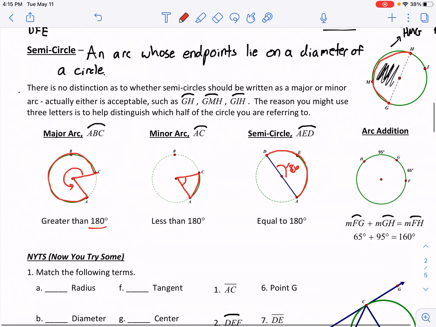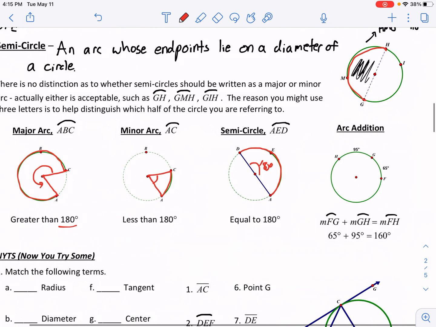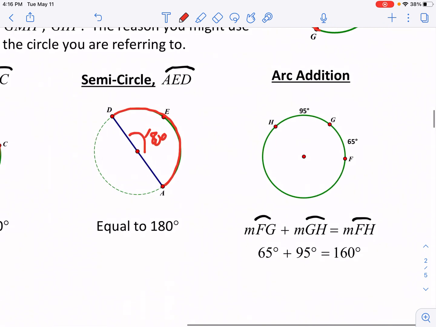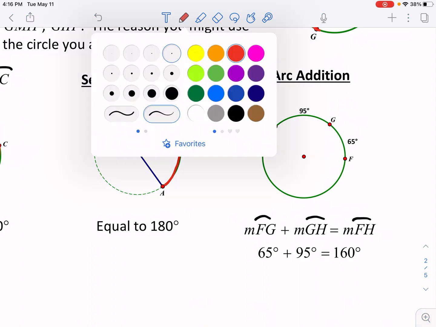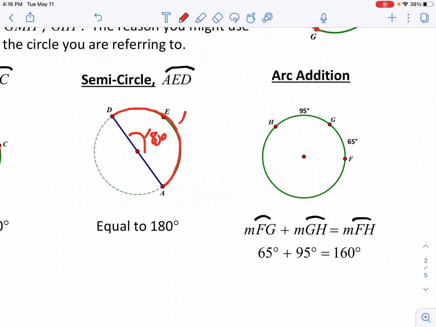Then it talks about arc addition, which we're going to spend more time on in the next video. When we're talking about these measures, you're going to find that the central angle and the arc measure happen to be the same. So they say the measure of arc FG, which is 65, plus the measure of GH, which is 95, is equal to the total FH, which is 160.